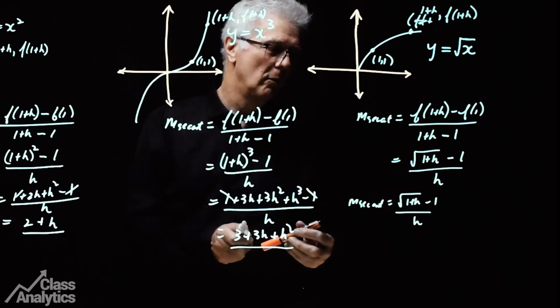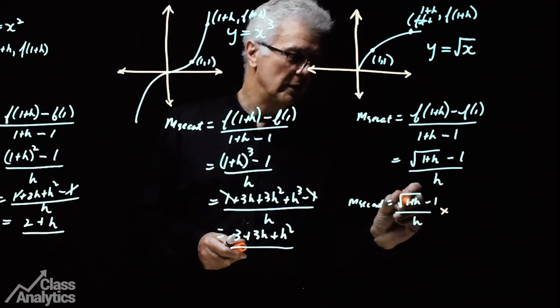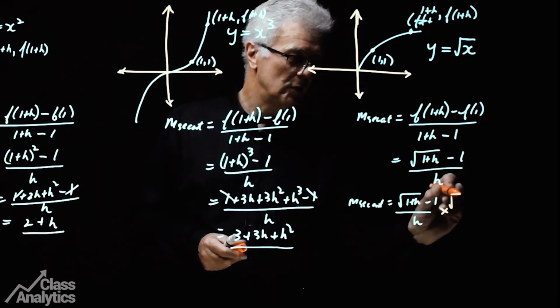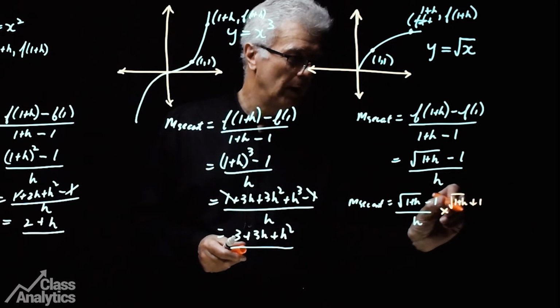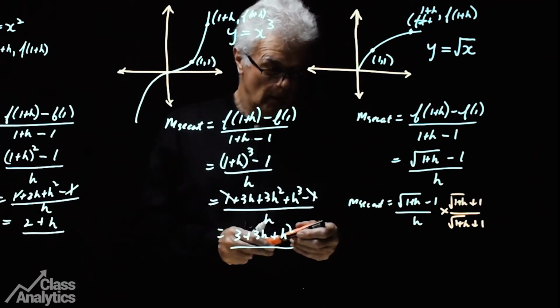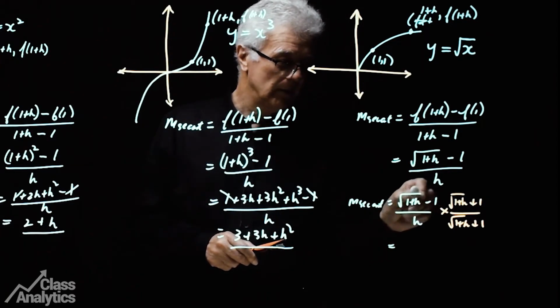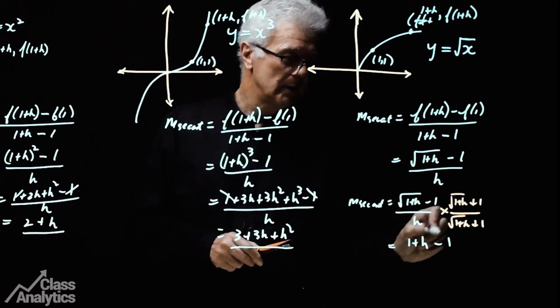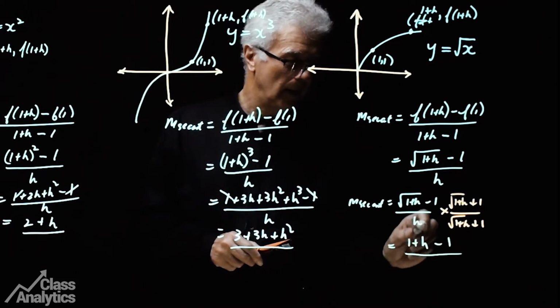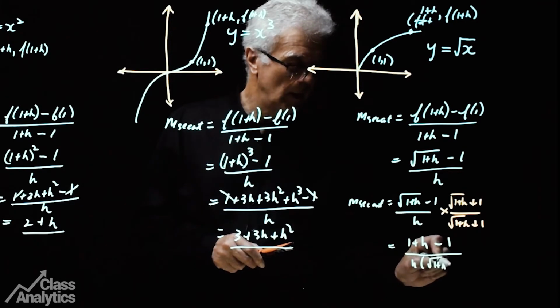Now what I'll do, I'll multiply numerator and bottom by what's called the conjugate of this one, same thing, different sign. So that's square root of 1 plus h plus 1 all over square root of 1 plus h plus 1. So by doing that, what happens to the numerator is these square roots cancel, and you get 1 plus h minus 1, remember the difference of two squares, all over h times the square root of 1 plus h plus 1.